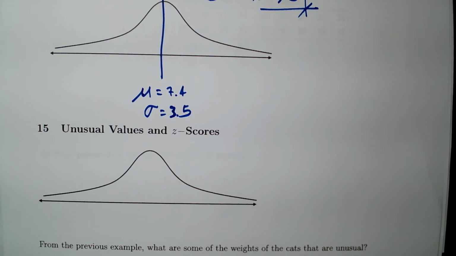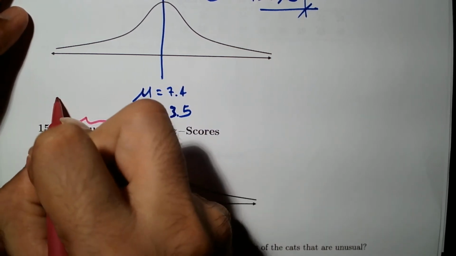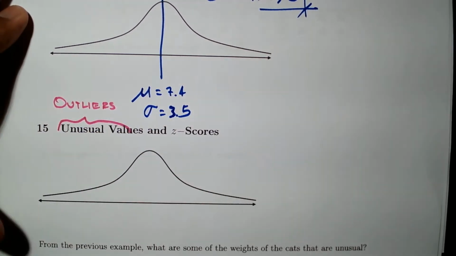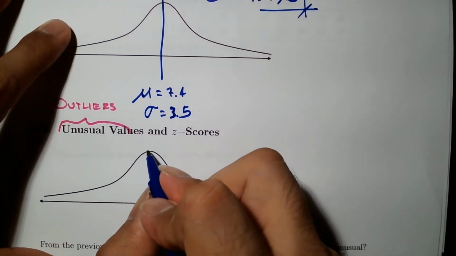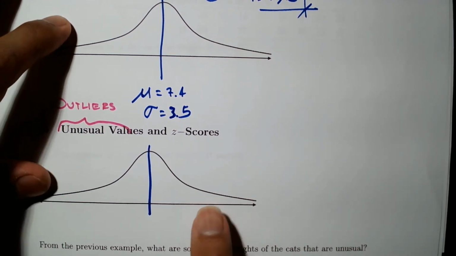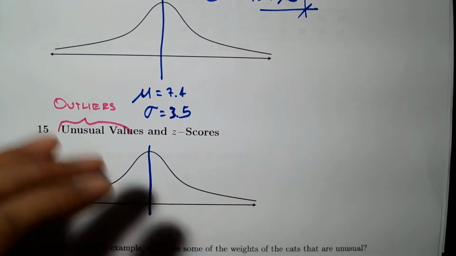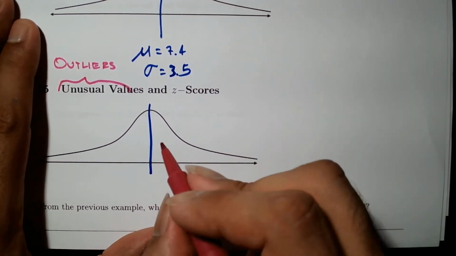Unusual values, aka outliers. If any cat is 2 or more standard deviations away from the mean, all right, let's find out.